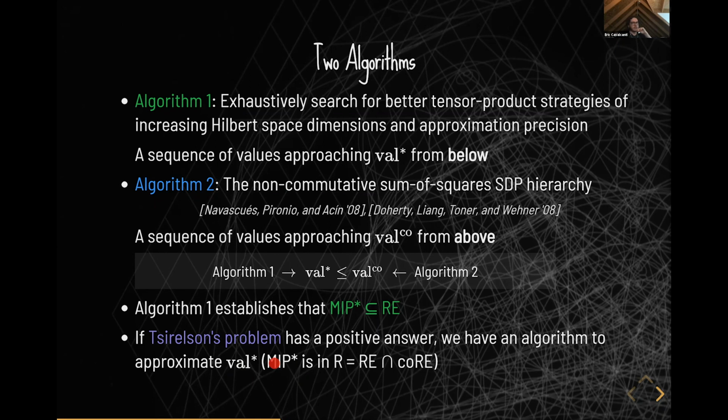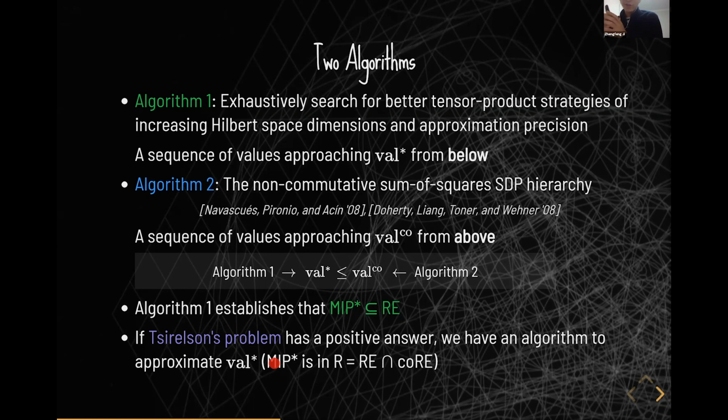I guess I'll just have to... can I ask a question? Is the star in MIP star just means there's entanglement present? Yeah, star means entanglement. Classically there's MIP, and the star emphasizes that now the provers can share entanglement, but nevertheless the messages they exchange are still classical.